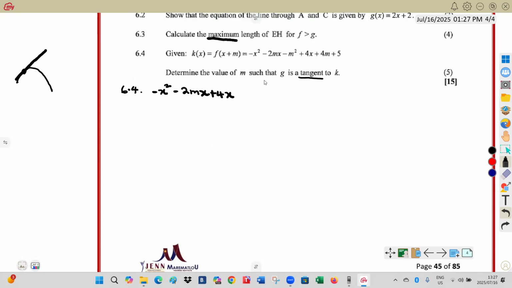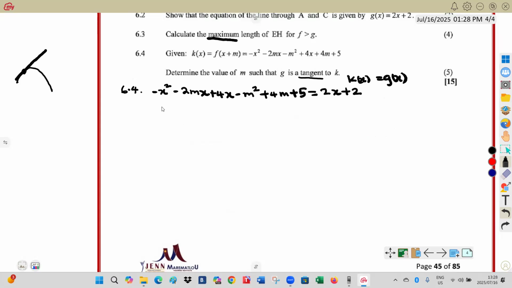Then we put the ones without x, minus m squared plus 4m plus 5. What I wrote here is the graph of kx, just rearranged. This must be equal to g. G is 2x plus 2. In other words, we equated our kx to gx.